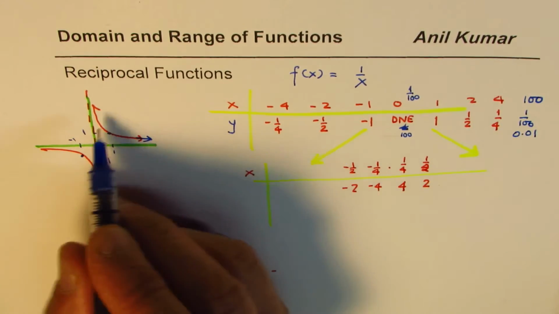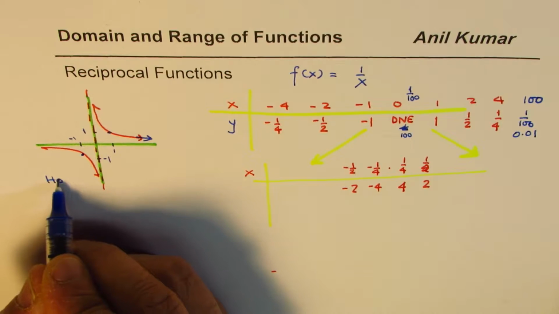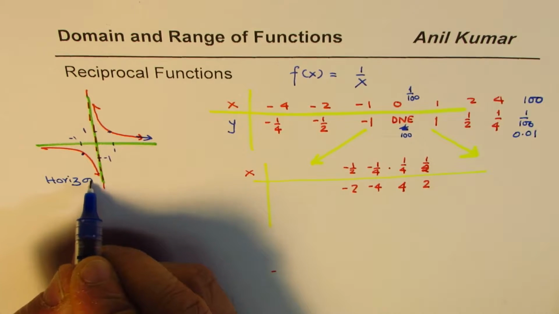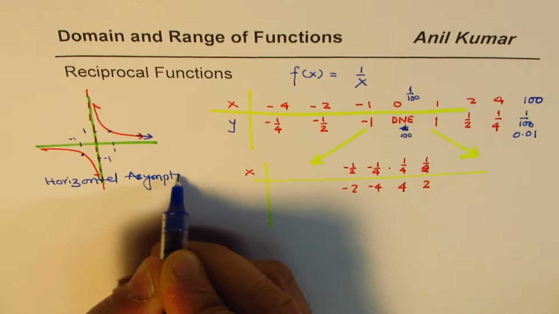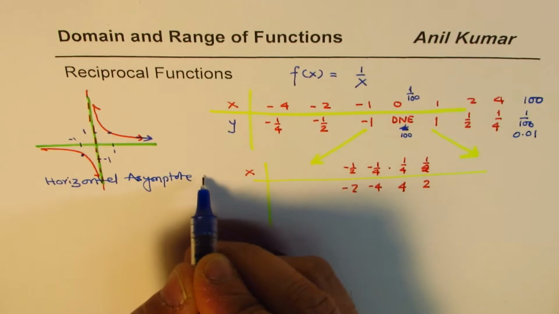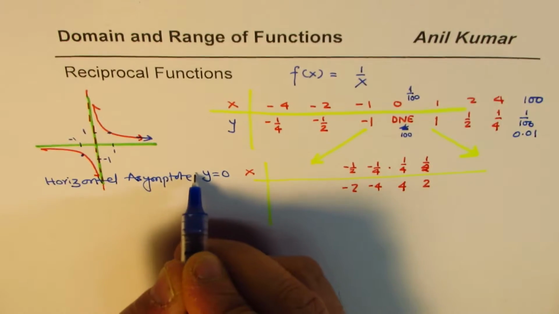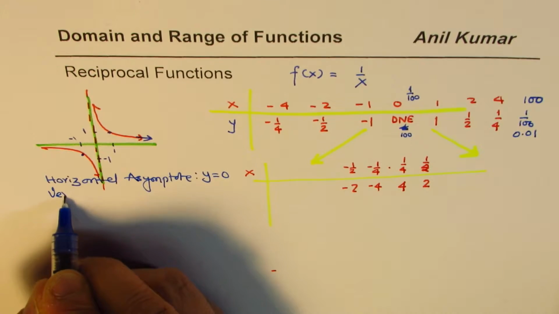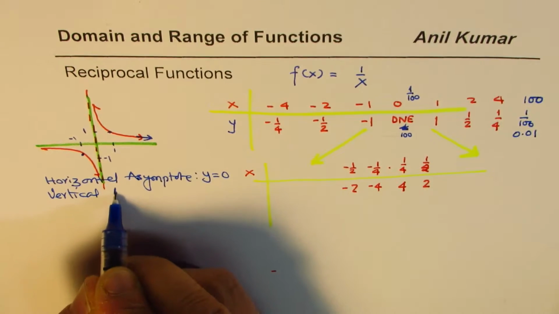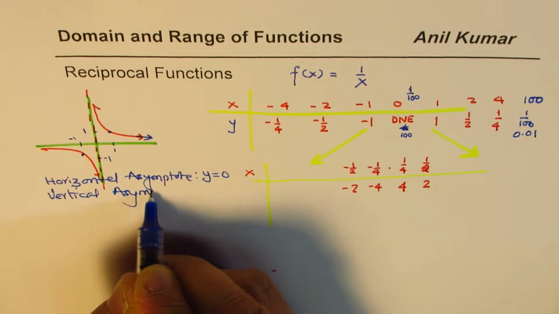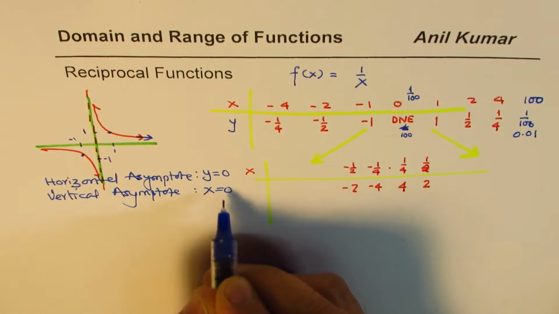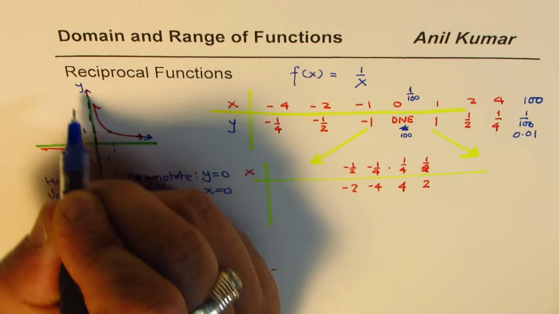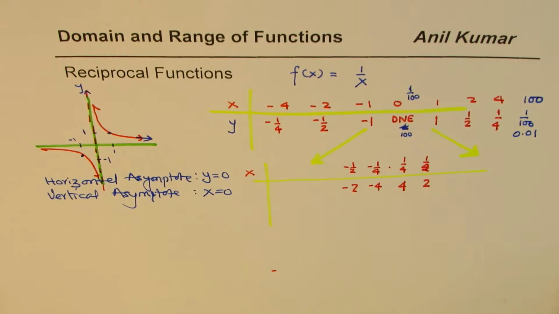So in this particular function, we have a horizontal asymptote, which is y equals 0, and we also have a vertical asymptote, whose equation is x equals 0, the y-axis. So the y-axis is an asymptote, and the x-axis is also an asymptote.